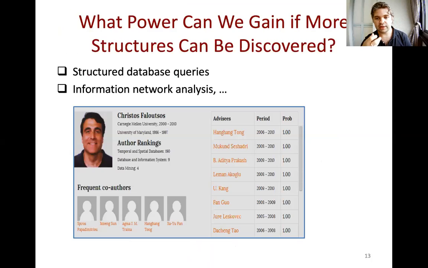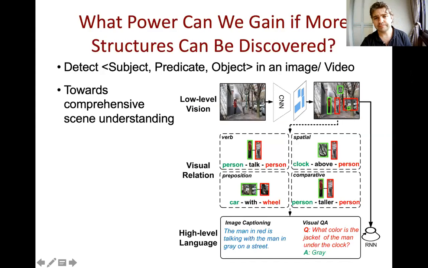So we can also have structured database queries, and we can do some information network analysis, right? Very often data gets enriched by named entities and structured, and after that you can run queries in the database to make it much more organized, rather than just doing pure search, or in the image case, not being able to search at all. So this is how it works.